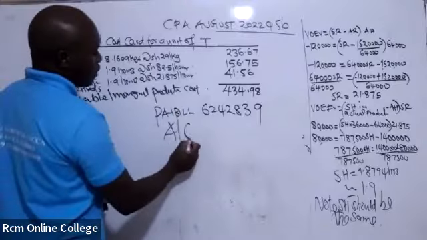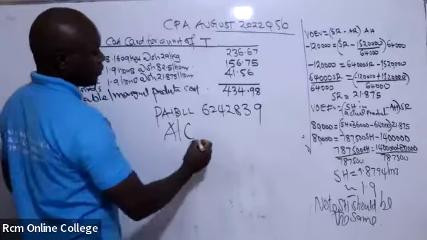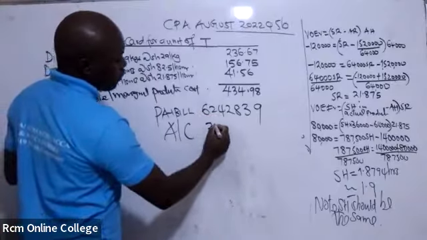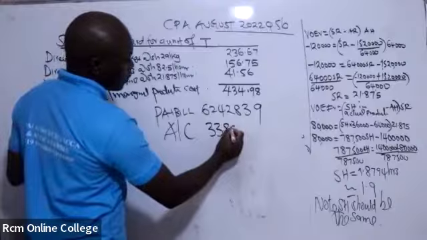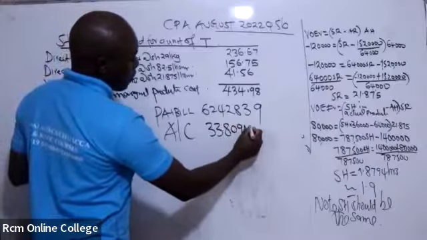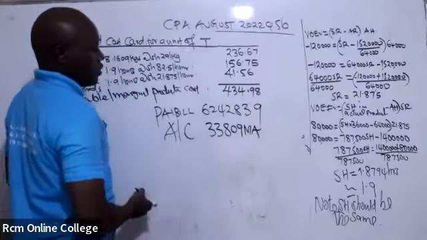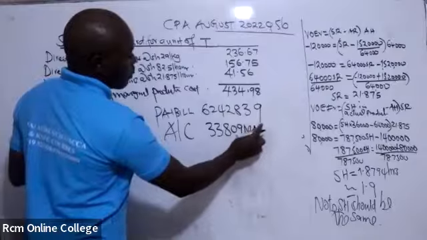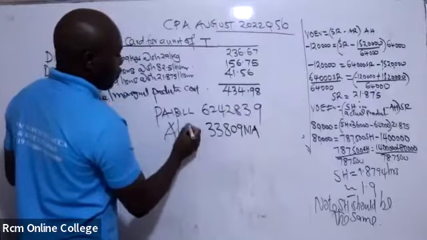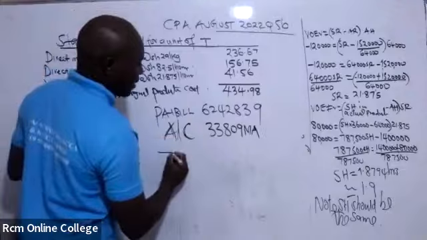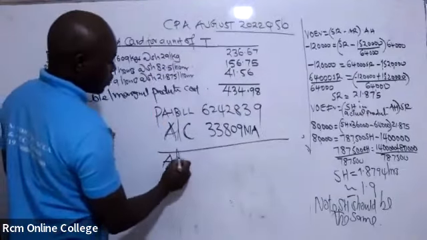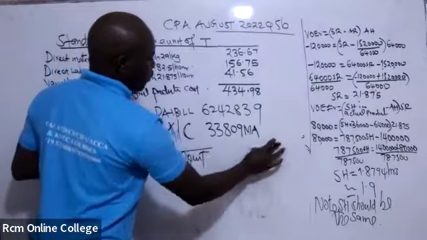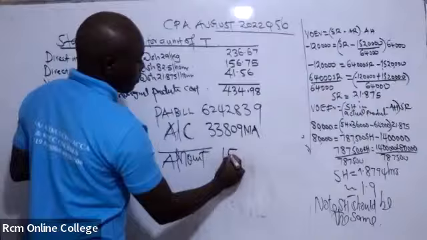Account number, please just indicate 33809 MA. By doing that, you'll be able to understand your interest. Just pay that amount, for only management accounting. For other units, the rate remains the same, 1,500.